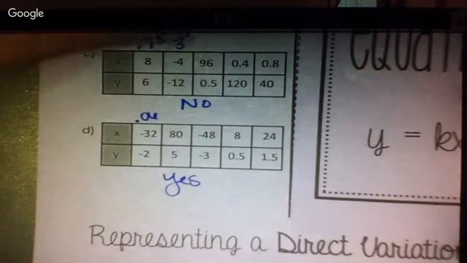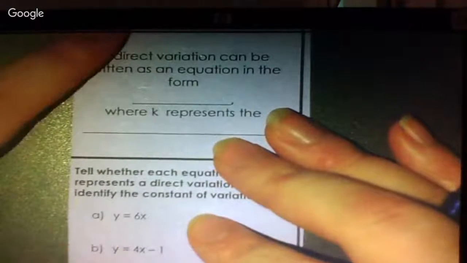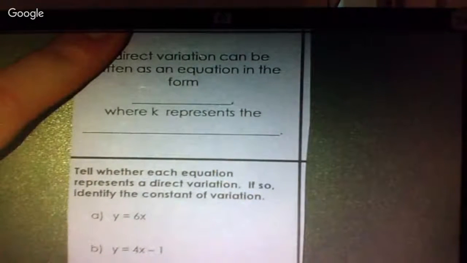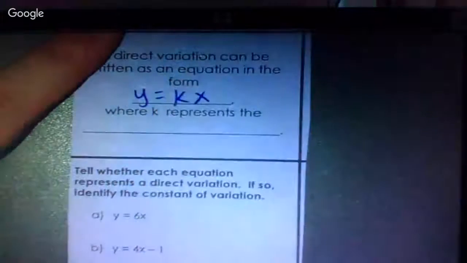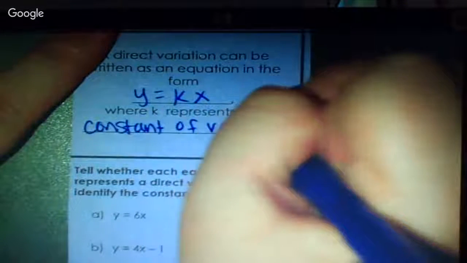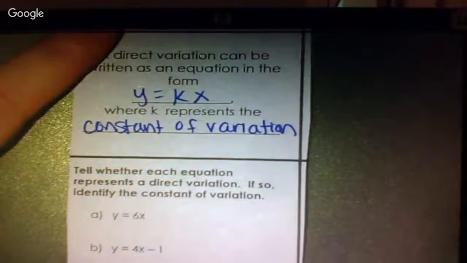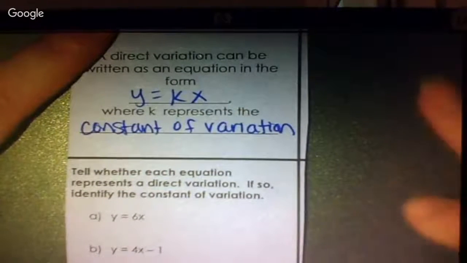So let's scoot over to with an equation. A direct variation can be written as an equation in the form y equals k times x, where again, k represents your constant of variation. So before you can identify any of these, it must be equal to y.